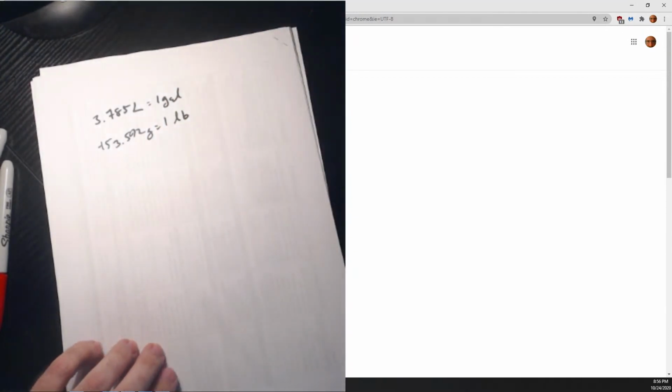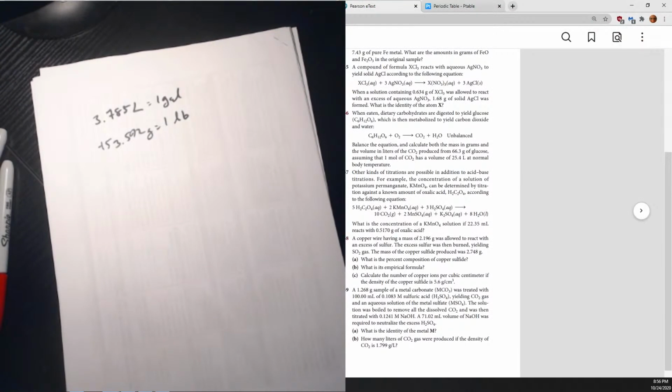Okay, there's my conversion factors. Okay, so how many pounds of CO2?